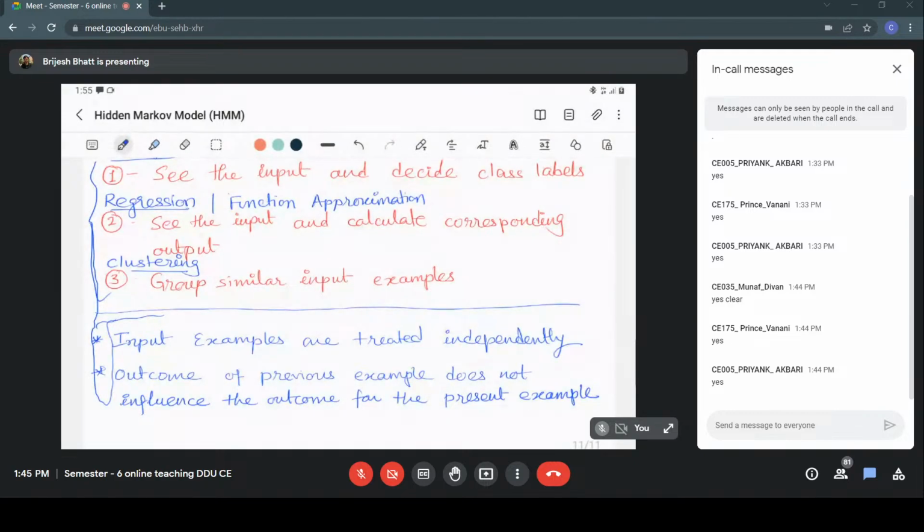Try to quickly scan through all the programs or all the examples that we have discussed so far in this course and see if you can find any problem of this nature. Can you think of any such problem?